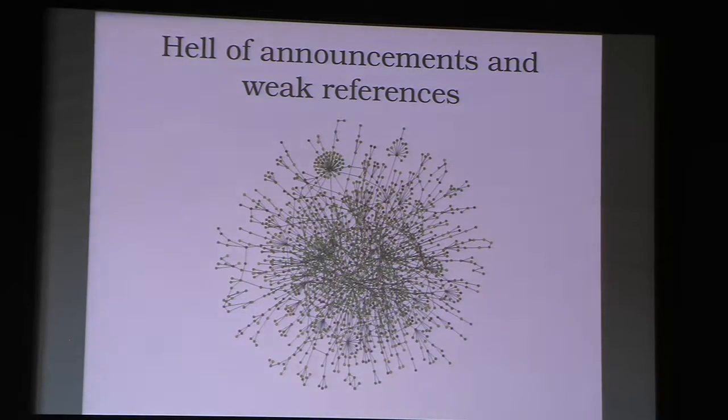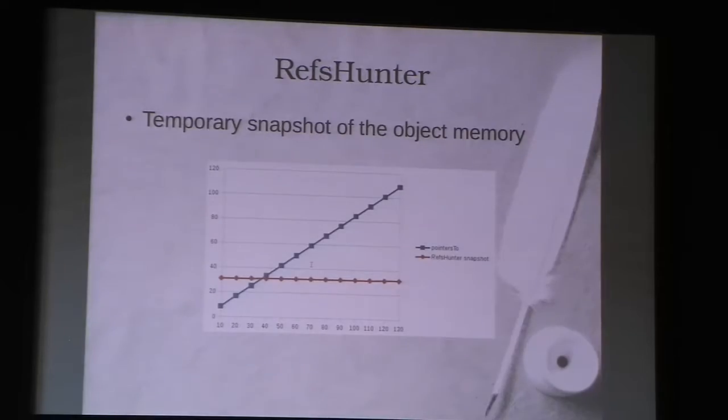So we needed to create something simpler, more powerful, and we created a tool named RefsHunter. RefsHunter is extremely easy. It creates a temporary snapshot of object memory, simply an array with all objects in your memory, and then it investigates the backward references between objects and stores them.